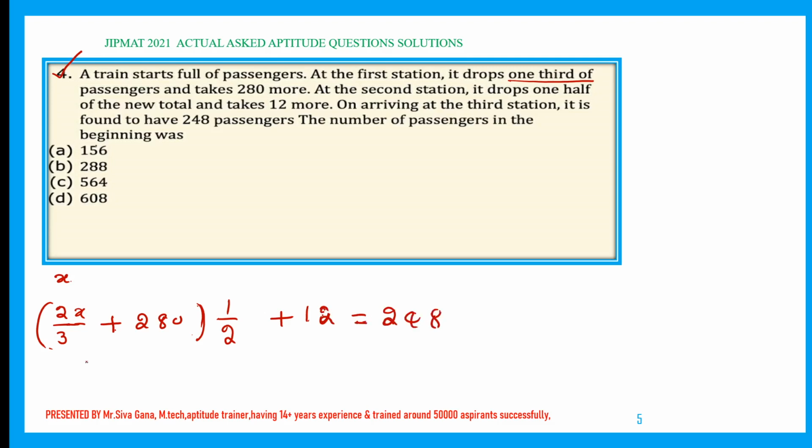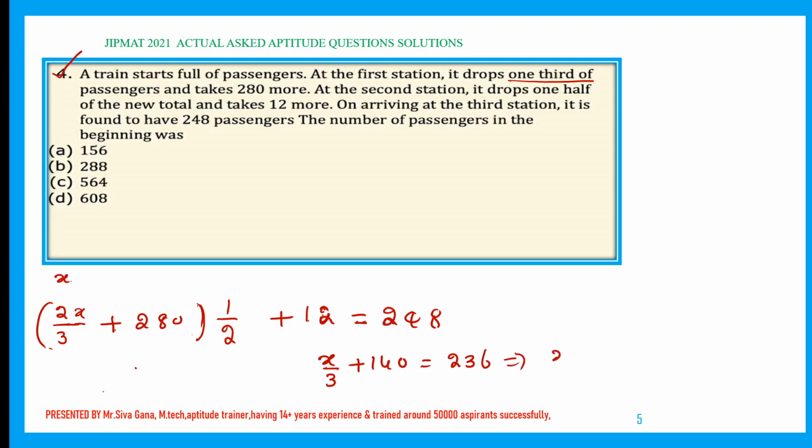That's it. Now 2x by 3 plus 280. So just cancel it with the 2 first. That is x by 3 plus 140 equal to 248 minus 12, which is 236.